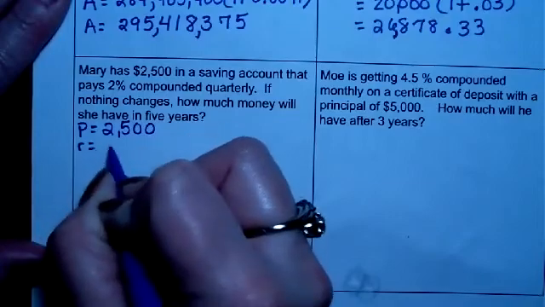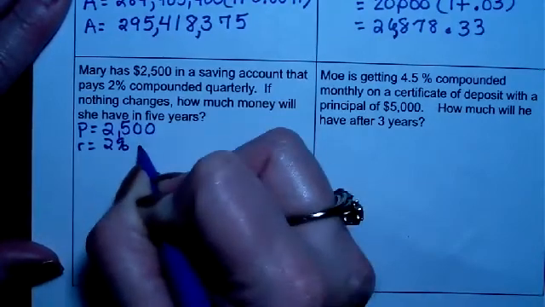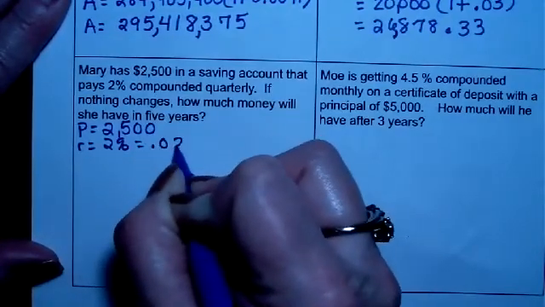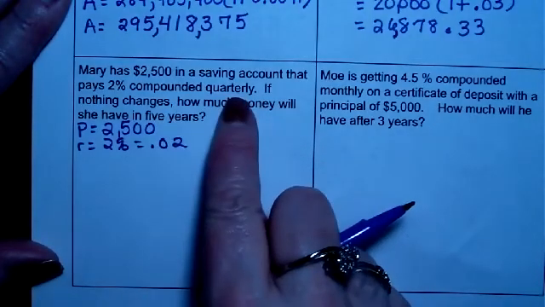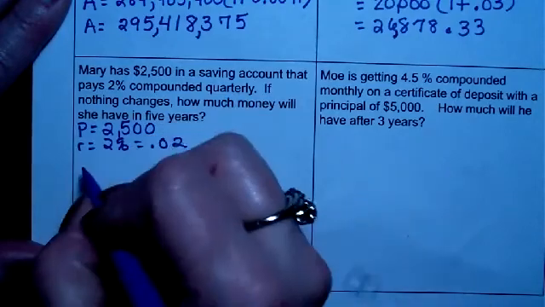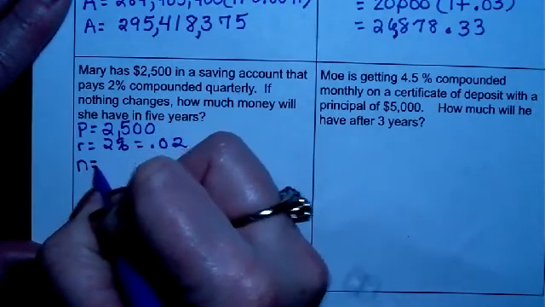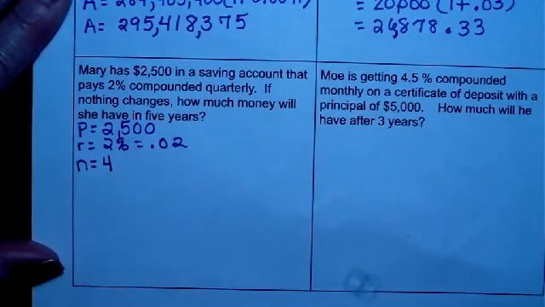Our R is 2%, but that's really 0.02 that we're going to use. Now, it's compounded quarterly, so my N is going to be 4 because quarterly means I'm getting that year broken up into 4 equal payments. That's what quarterly means. It's like quartering up a pizza.